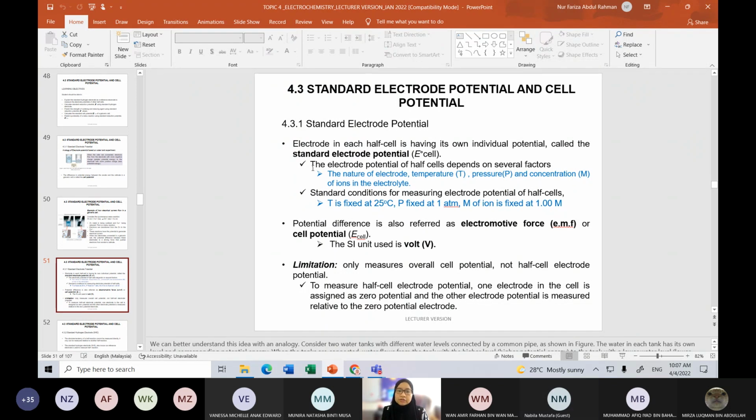And not to forget, the electrode potential of a half cell depends on several factors, like what I've mentioned just now. It depends on the nature of the electrode, temperature, pressure, and concentration. So when we mention standard, it is known that it should be at this condition, because any change in temperature, pressure, or concentration will definitely affect the E0 cell.